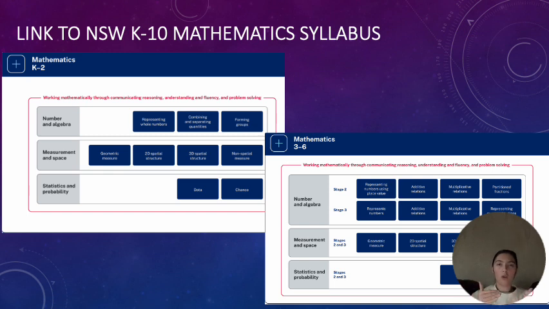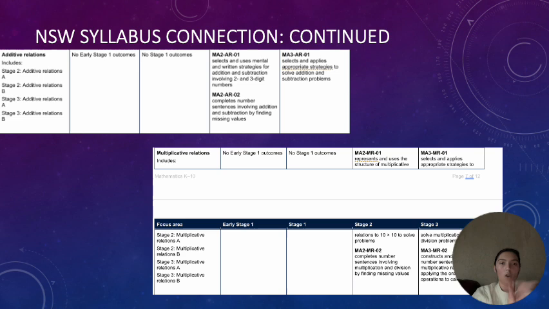However, in K-2, additive and multiplicative relations aren't explored until Stage 2 to 3. Additionally, the solutions used also address multiplicative relations. Furthermore, this also links to the New South Wales K-10 syllabus outcomes. As seen here in K-2, it addresses the outcome of representing numbers, particularly outcomes MA1-RN-01 as well as MA1-RN-02.